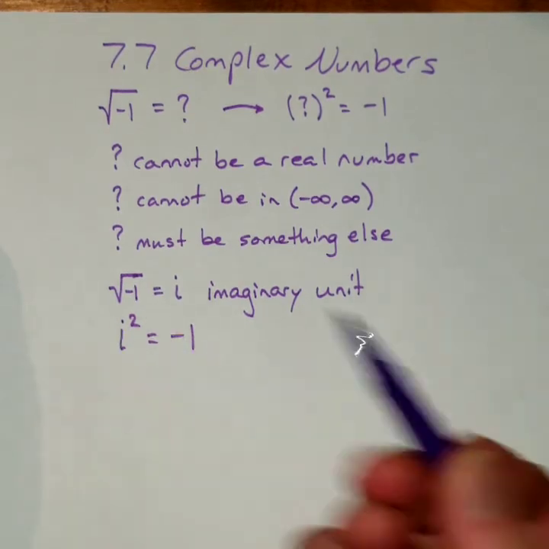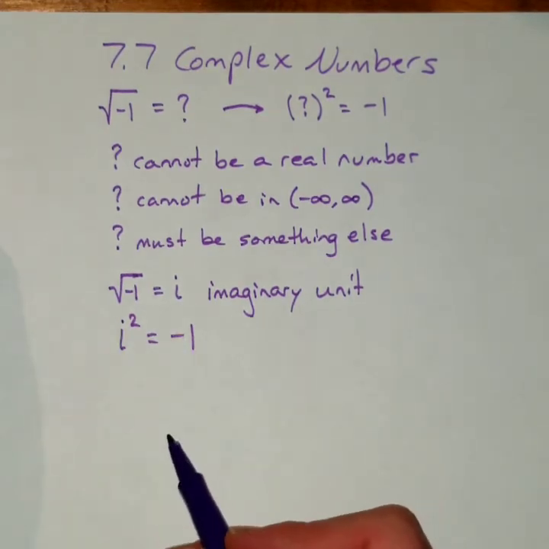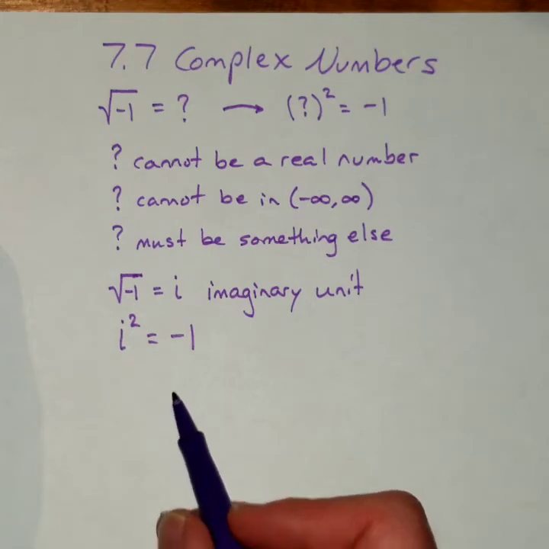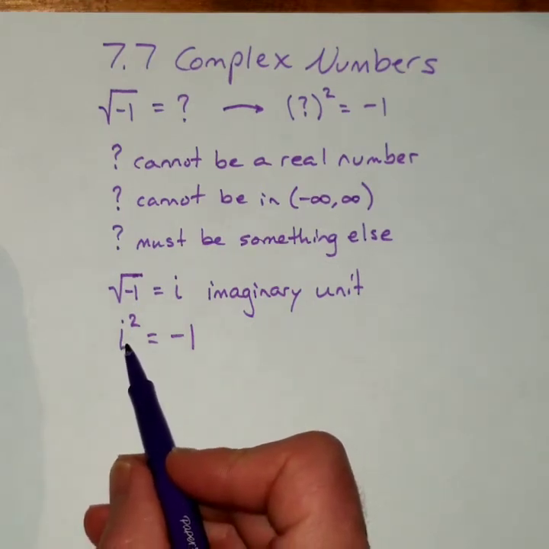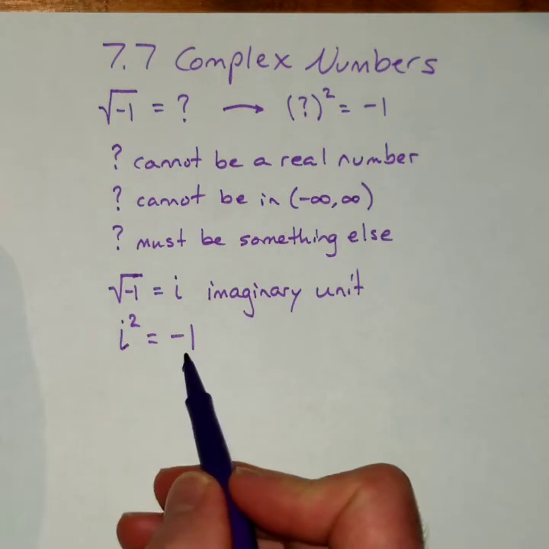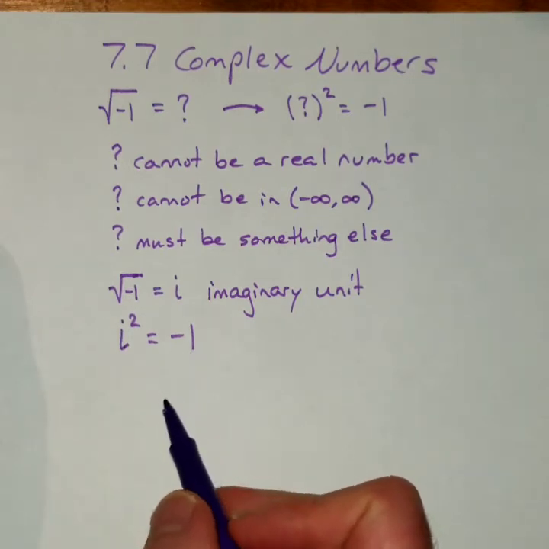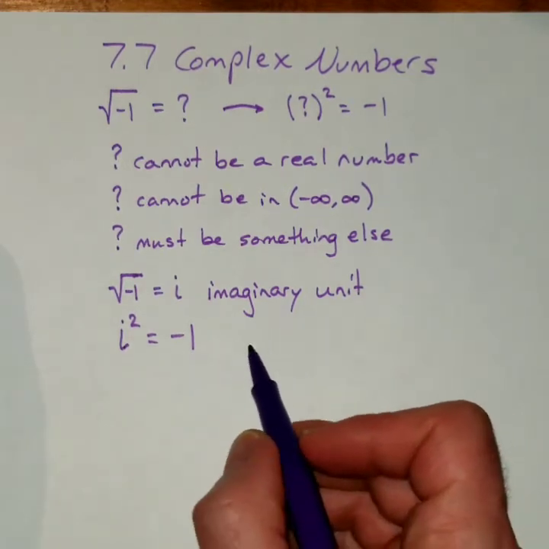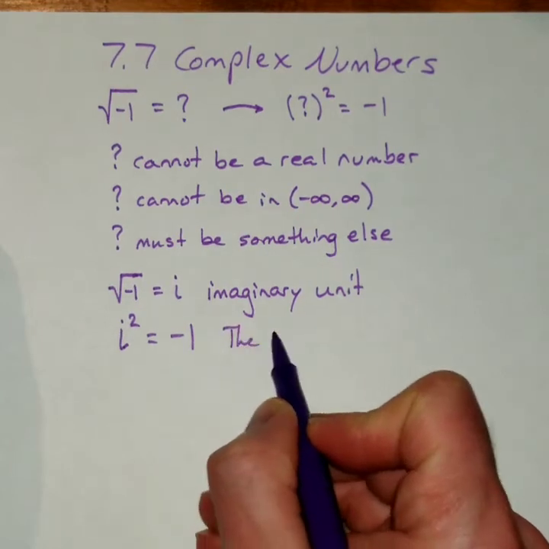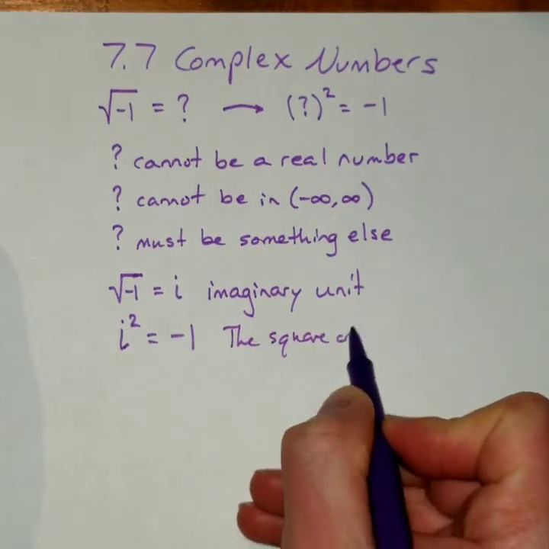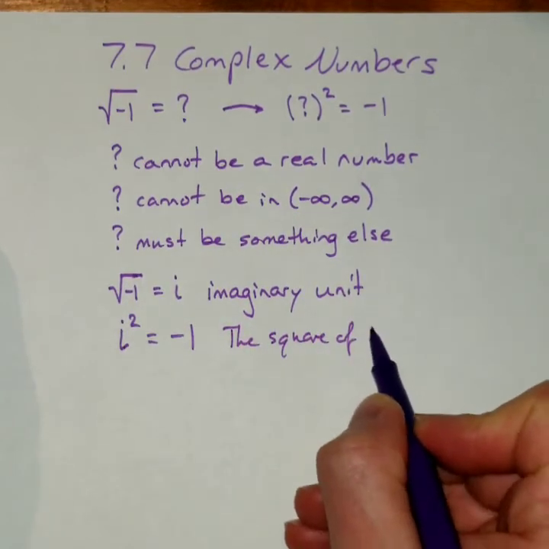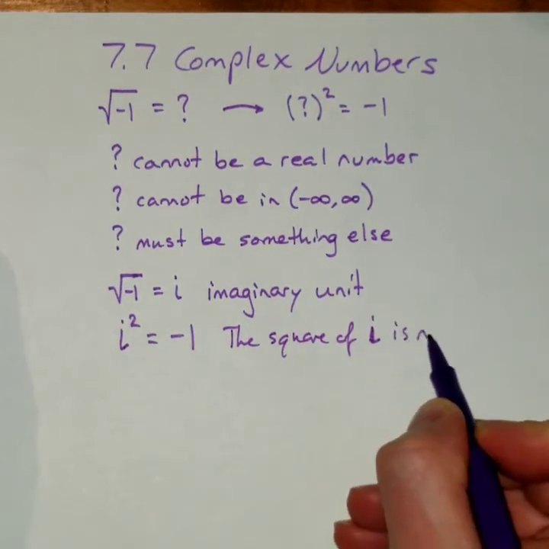Simply by, you could square both sides or whatever you want to do there. Okay? So it's the only number we know so far where this can occur. So the square of I is negative.